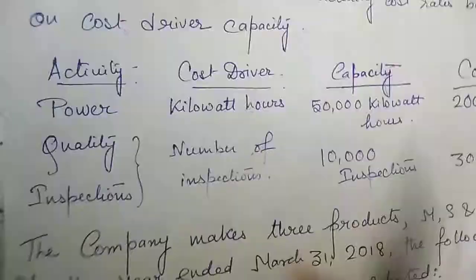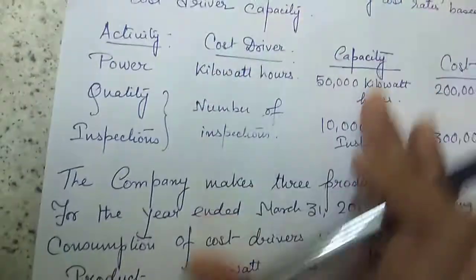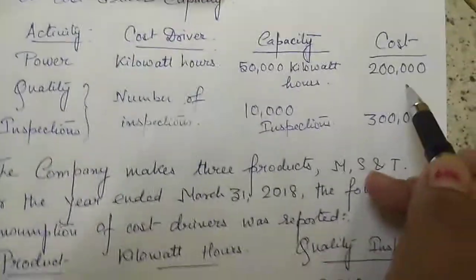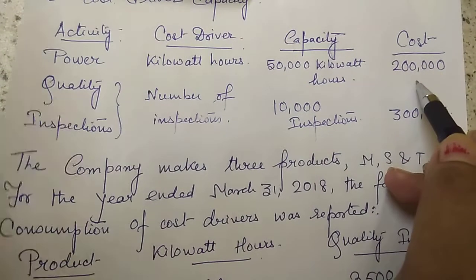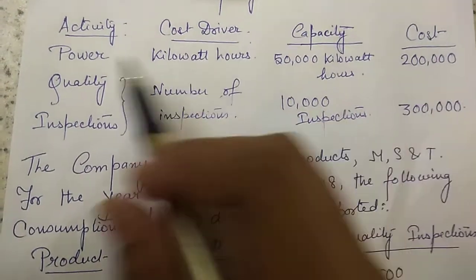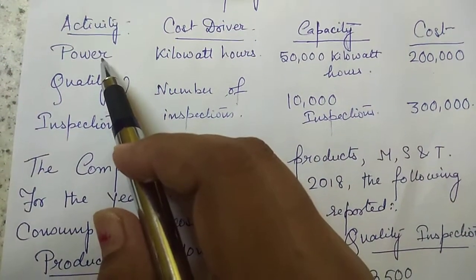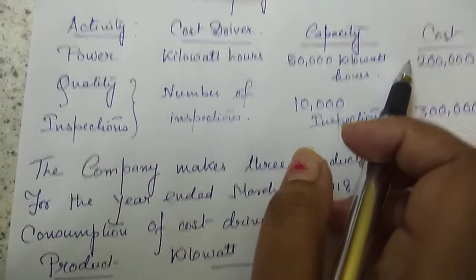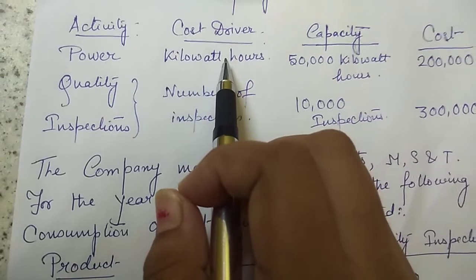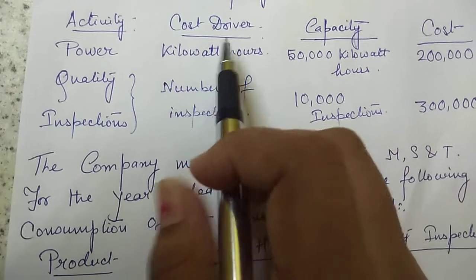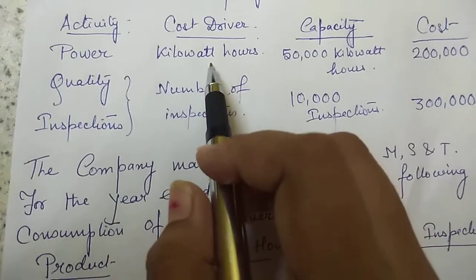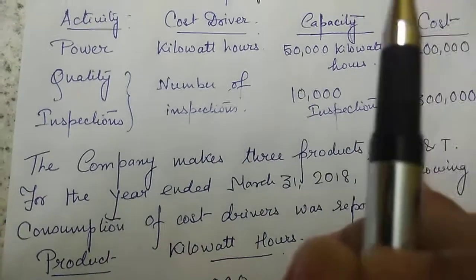Why I wanted to do this sum is because I wanted to give you the concept of cost driver. This is my total cost, my cost pool. What is my activity over here? Activity is related to power. And this cost is being driven by kilowatt hours. Because power is being consumed, kilowatt hours is responsible for this cost.